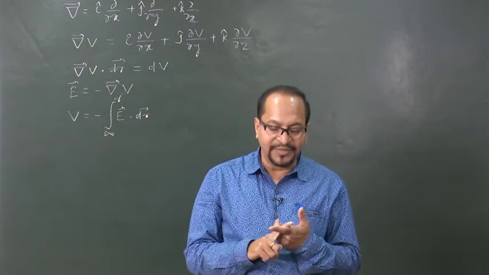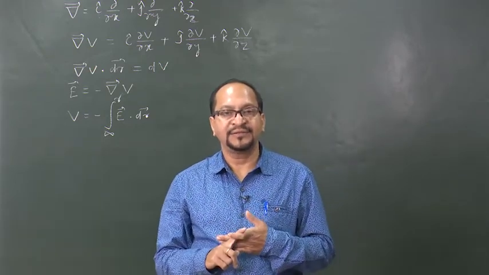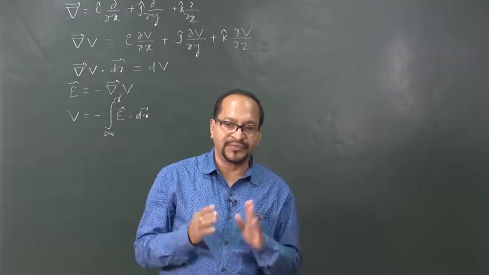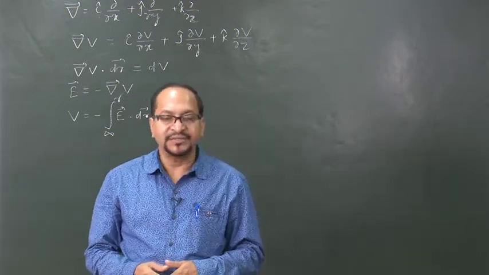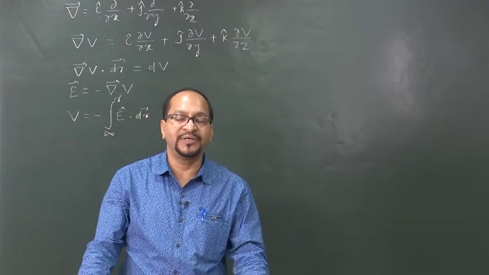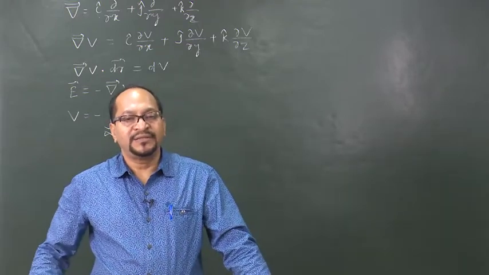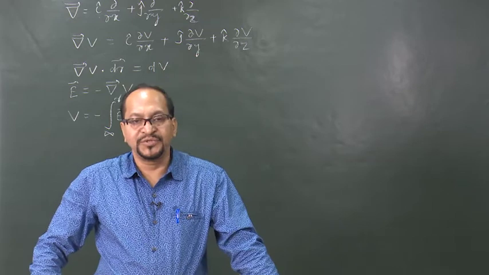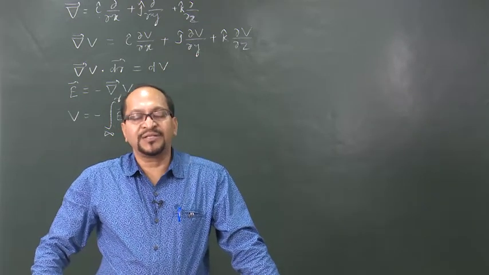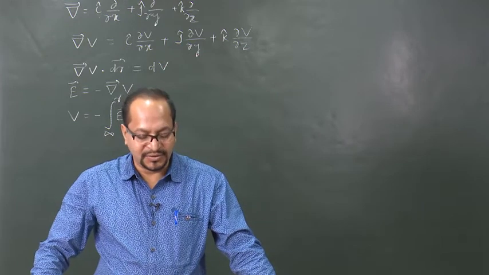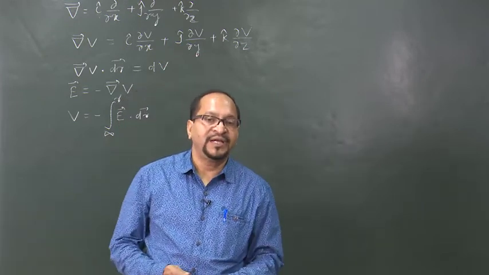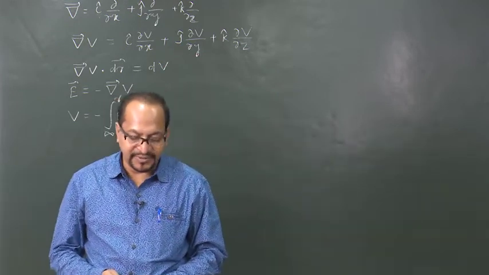We can multiply a vector by a vector via dot product or cross product. This you were taught at the class 11-12 level: the dot product of two vectors gives you a scalar quantity, and the cross product of two vectors gives you a vector quantity. So, dot product is called scalar product and cross product is called vector product.